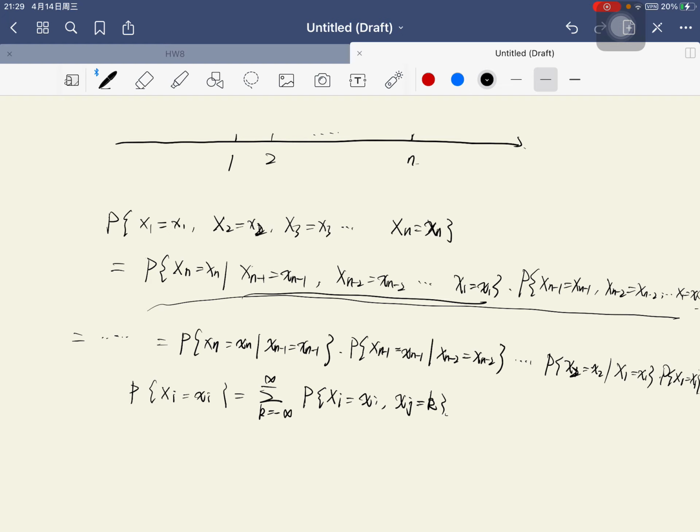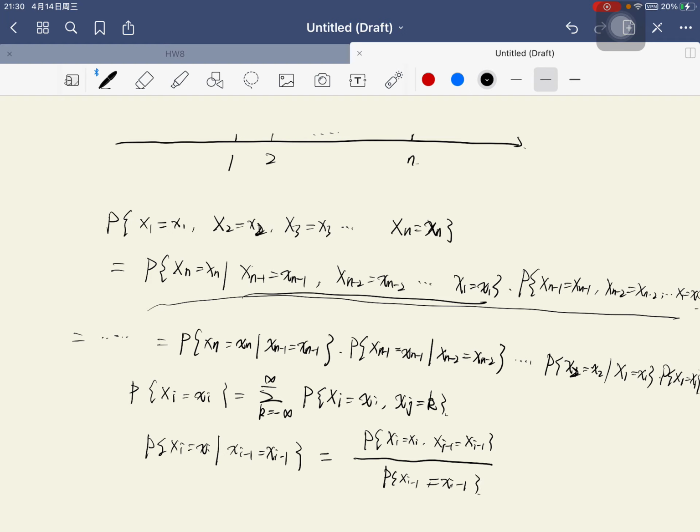It is equal to the above function, and so the probability of Xi equals xi under the condition of Xi-1 equals xi-1, we could use the conditional probability of Xi equals xi and Xi-1 equals xi-1 over the probability of Xi-1 equals xi-1.